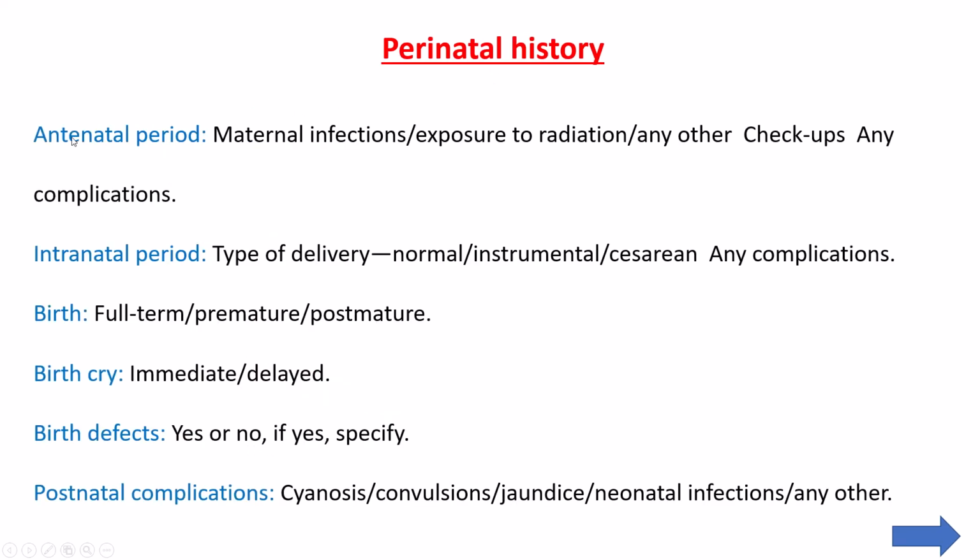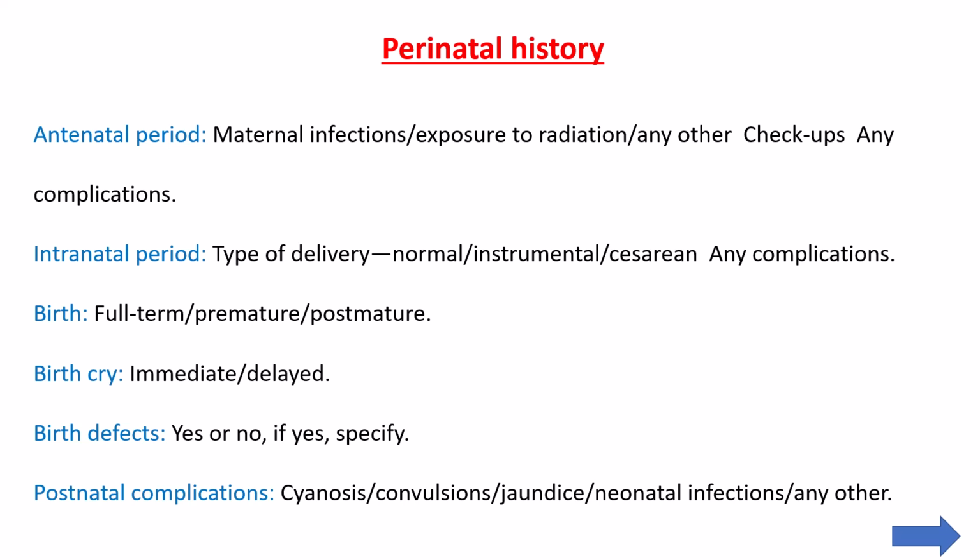Perinatal history: antenatal period, maternal infection, exposure to radiation, any other checkups, any complications during that time. That usually we will get from the parents. If anybody other than the parents takes the patient to hospital, it is not possible to get exactly what happened during the antenatal period.